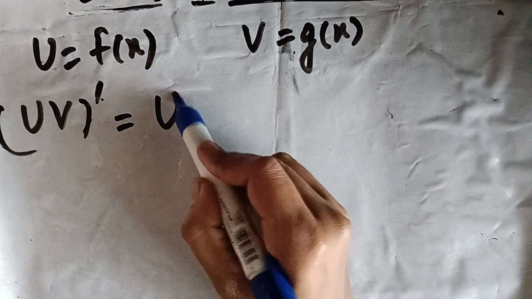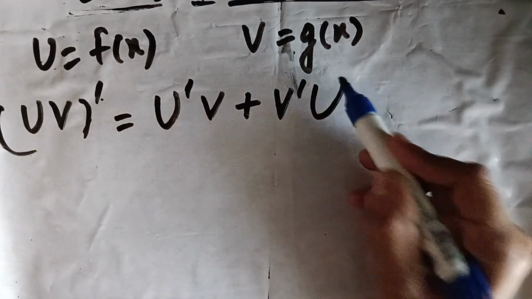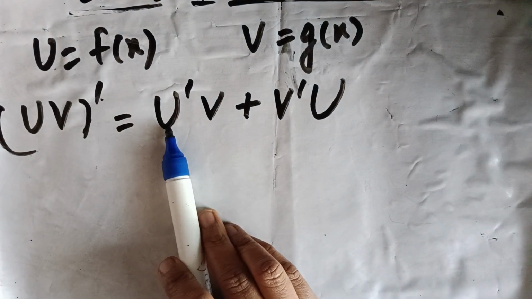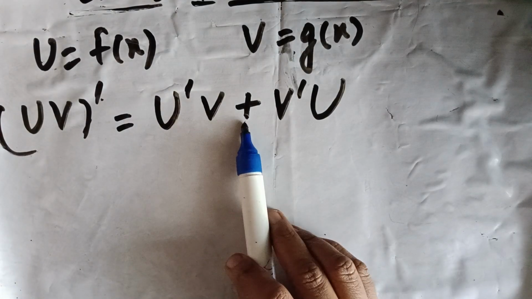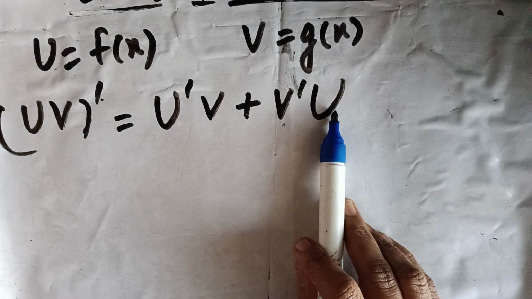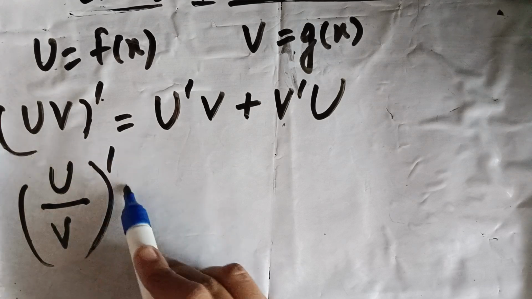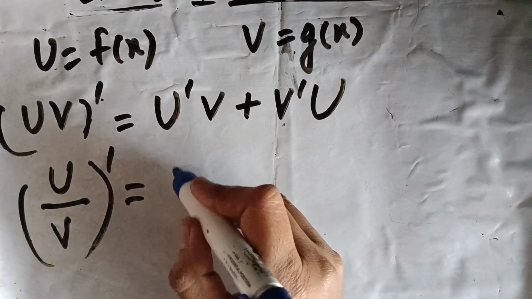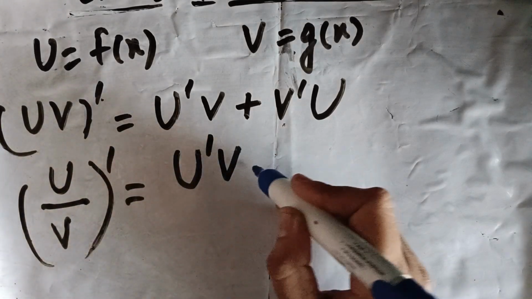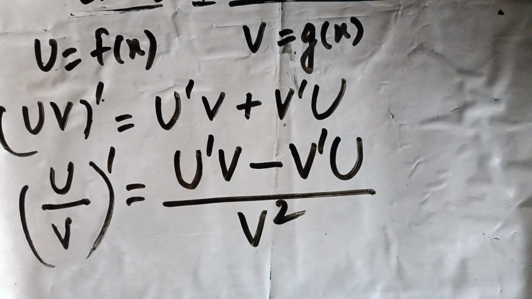So we have to do u dash v plus v dash u, that is, derivative of u into v plus derivative of v into u. Second is our quotient rule, u by v. So this is division. Here you have to do u dash v minus v dash u upon v square. These two rules you have to keep in mind.